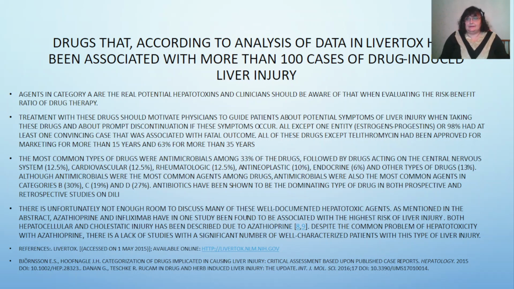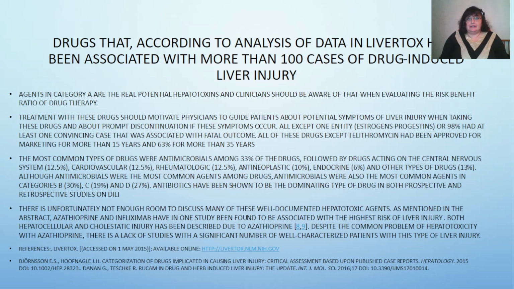All except one entity, estrogens, progestins for example, 98% had at least one convincing case that was associated with a fatal outcome. It's a big problem. All of these drugs except telithromycin had been approved for marketing for more than 5 years, 33% for more than 35 years.